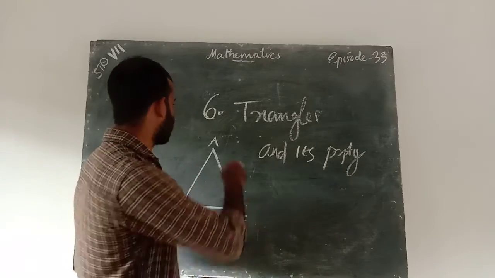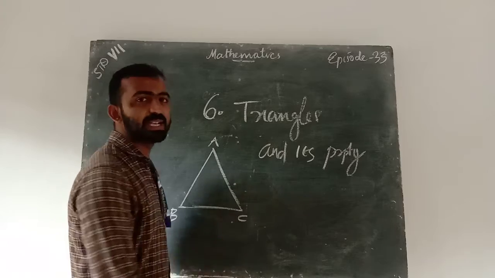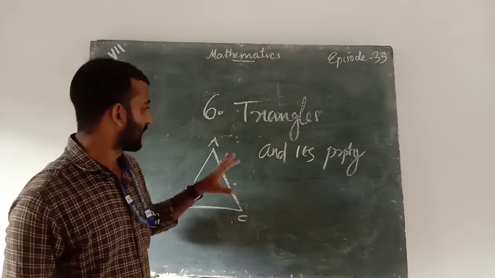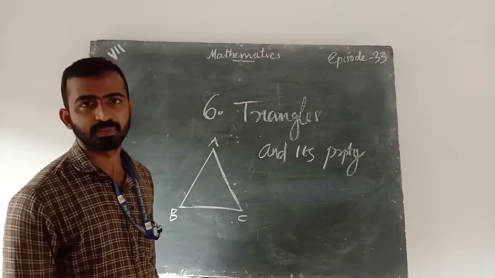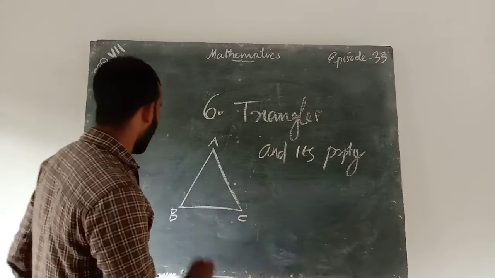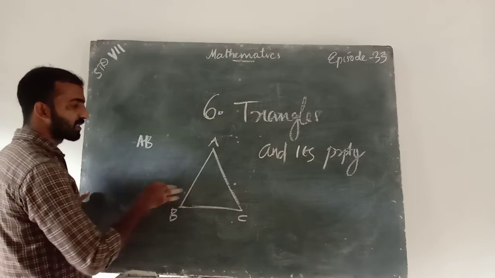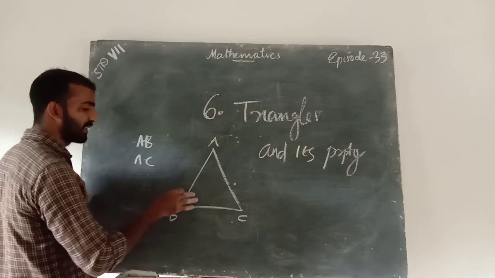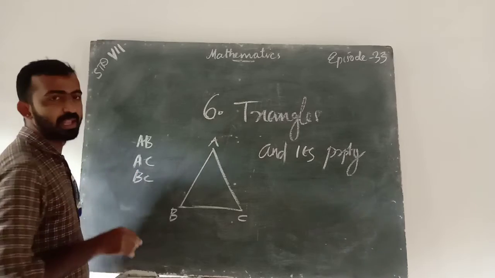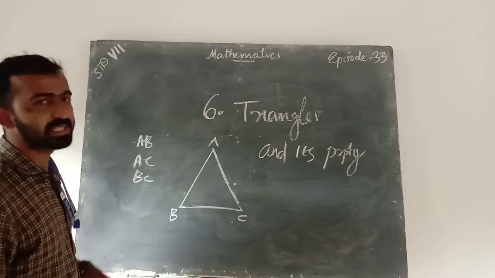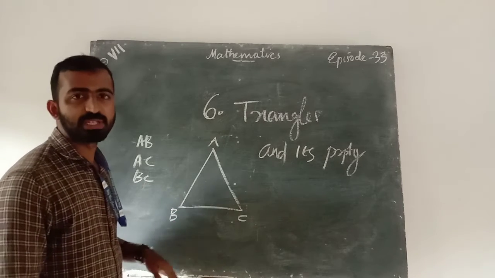A is one vertex, B is another vertex, and C is also another vertex. AB is a side of this triangle, AC is a side of this triangle, and BC is also a side of this triangle.